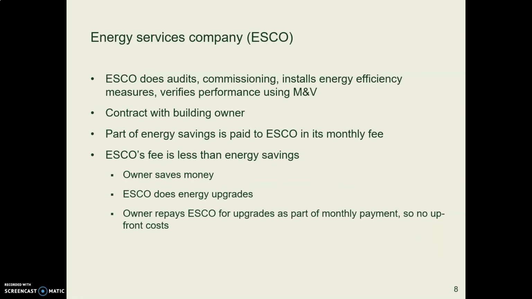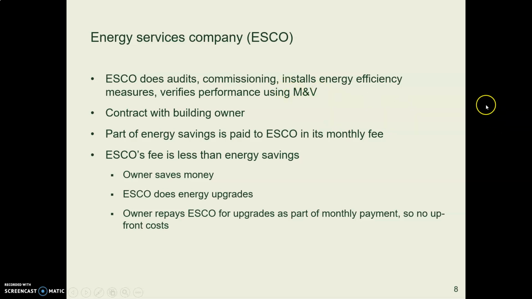Finally, in a commercial building, there's an interesting idea called an ESCO, which stands for Energy Services Company. If you want to reduce your energy use, you can hire this ESCO and you pay them a monthly fee. And they do all these kinds of energy efficiency tasks, the energy audits, the commissioning.